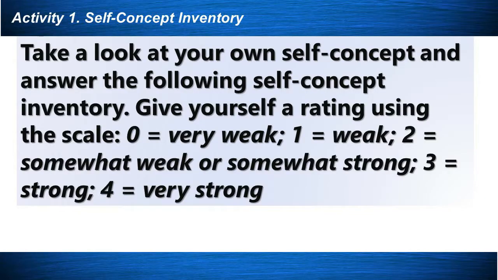So before we start our discussion, let's have our first activity called self-concept inventory. I want you to get a piece of paper, take a look at your own self, and answer the following self-concept inventory. Give yourself a rating using the scale: 0 for very weak, 1 for weak, 2 for somewhat weak or somewhat strong, 3 for strong, and 4 for very strong.